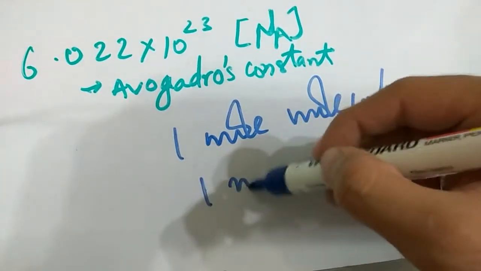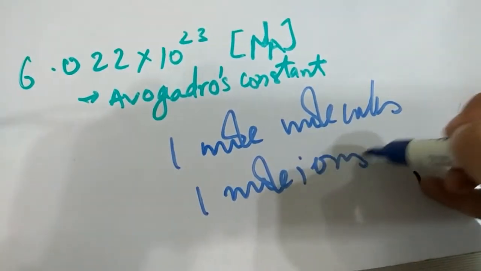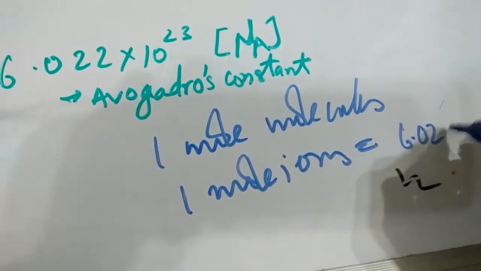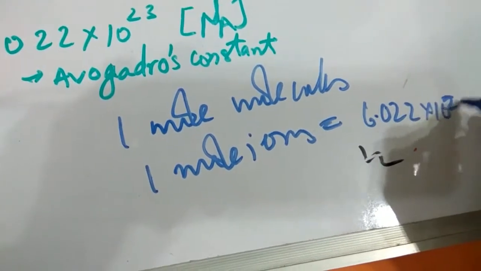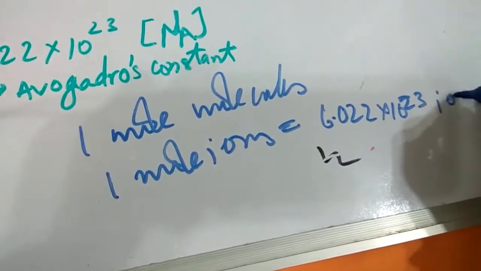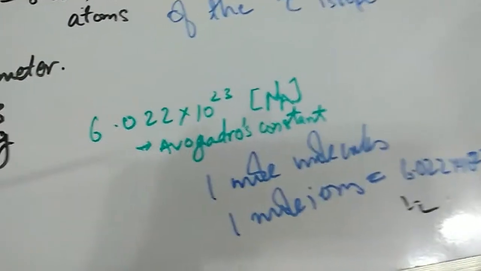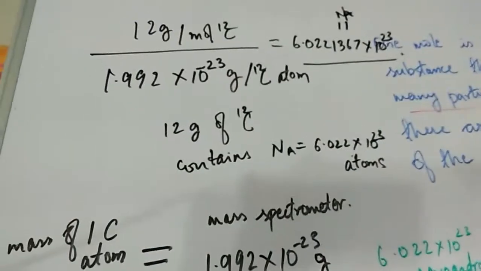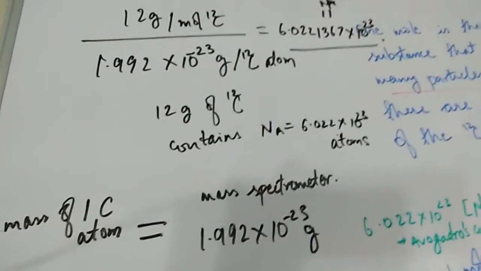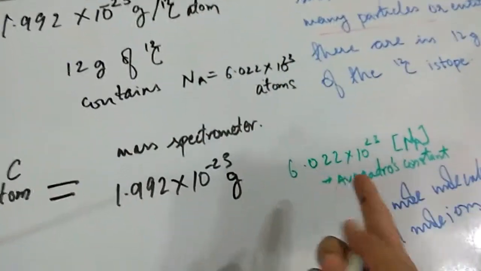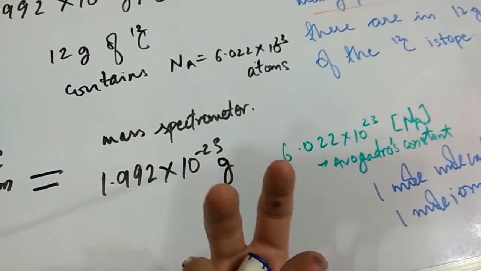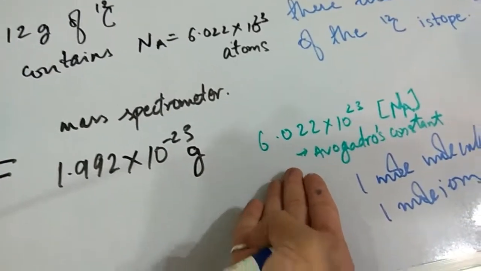If you say 1 mole ions, it means this number, these many ions. Now we are trying to relate this by the number of particles that we see. We have seen that this is what we mean when we say 1 mole, in the particle sense.